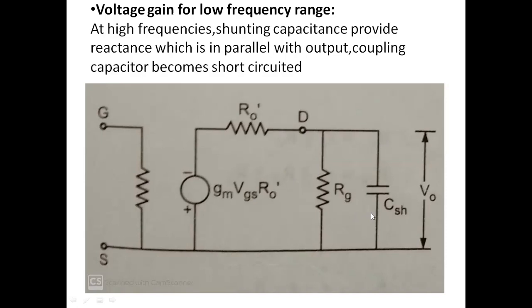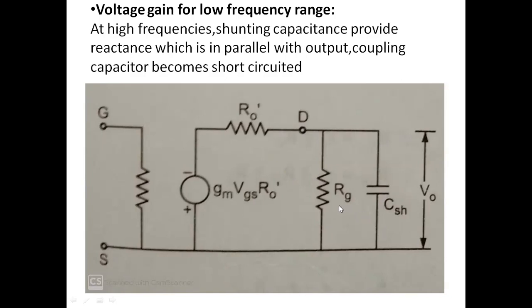So in order to simplify the circuit, or in order to find out the gain, that is voltage gain, normally we are applying the voltage divider rule here. In order to apply the voltage divider rule, let it be considered as one resistance, because here we have two components.